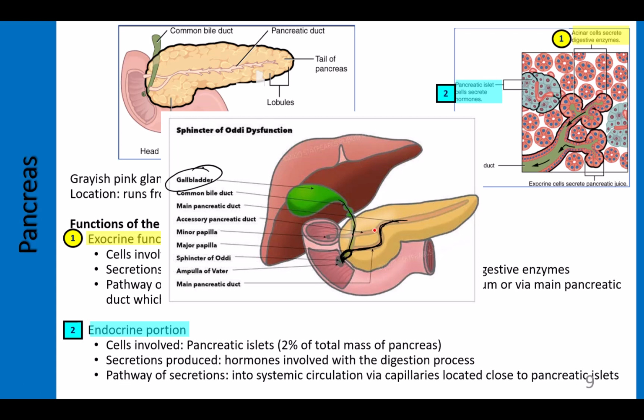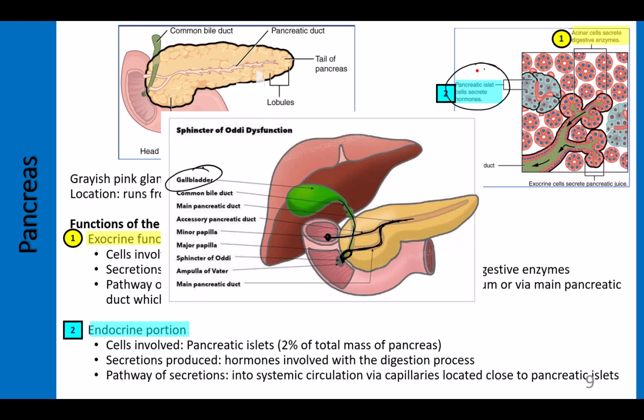If we eat a lot of food that doesn't contain fats, and so we don't need bile to be released, the pancreatic juices are released into the duodenum through this accessory pancreatic duct, right? We know that the pancreas has both exocrine and endocrine functions. In terms of the endocrine functions, we talked about it within the endocrine lecture.